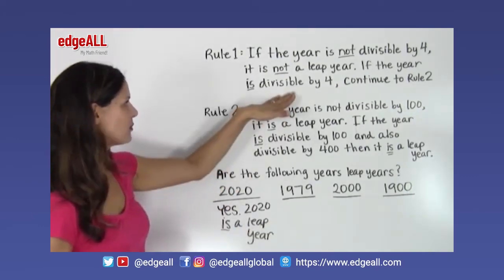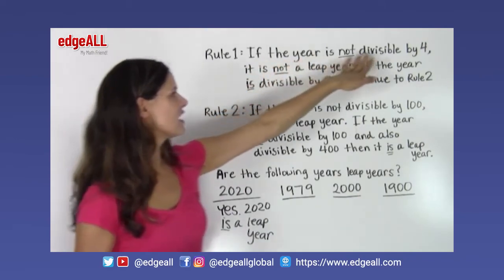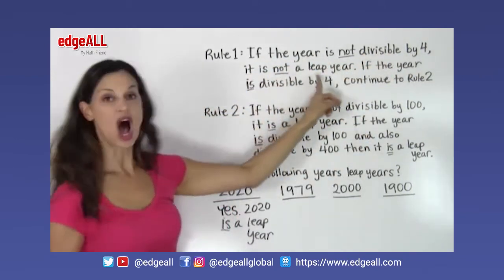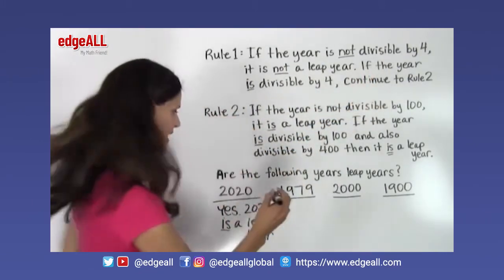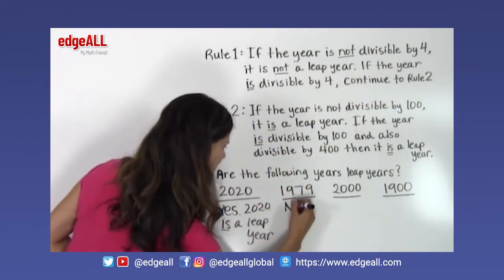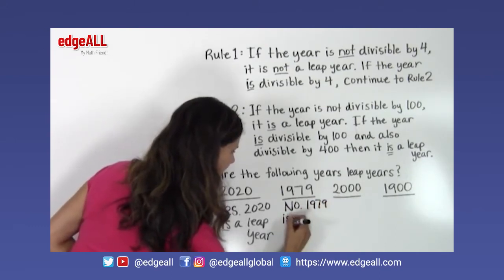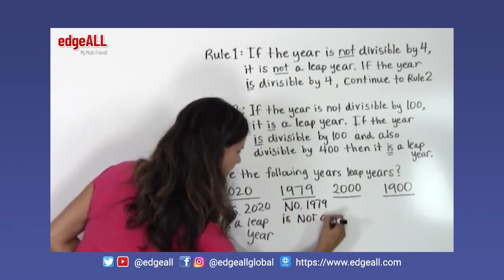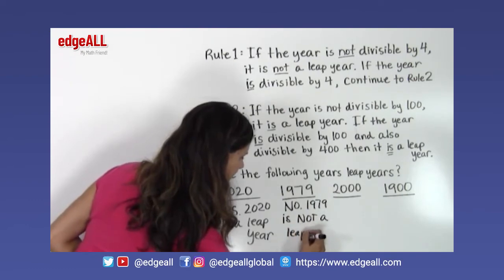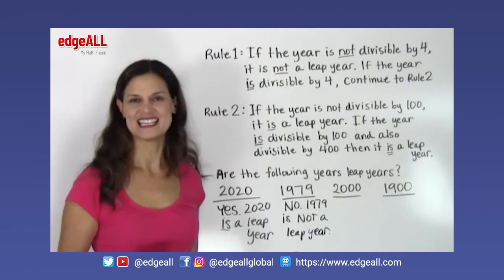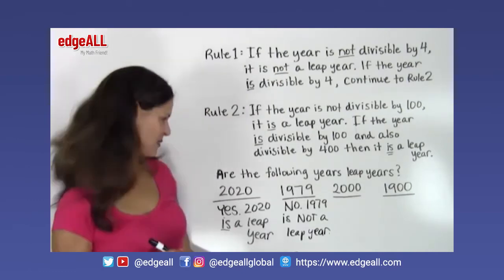So I can stop right there. If the year is not divisible by 4, and 1979 is not, it is not a leap year. So I can stop right there with my calculations and say, no, 1979 was not a leap year.